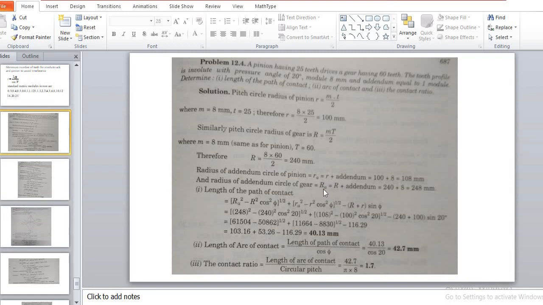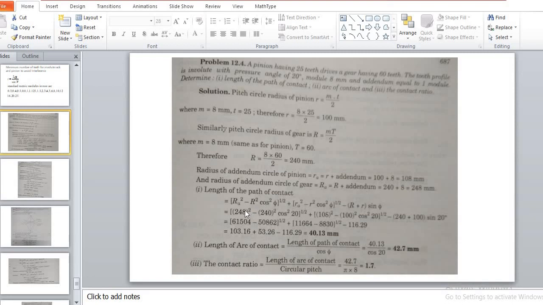For the gear, capital R_A is equal to capital R plus the addendum value. The addendum value is given as one module, which is 8 mm, so we only have to add it to the R value. The small r value is calculated as 100 and the capital R value as 240. So small r_A and capital R_A are 108 and 248 millimeters.